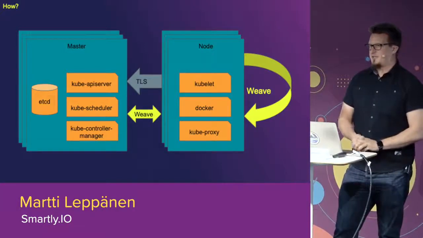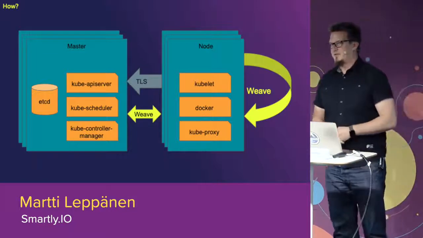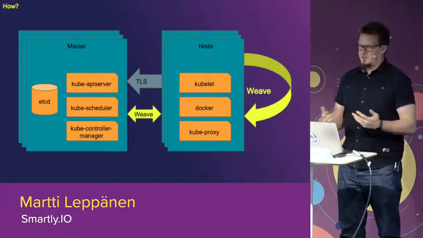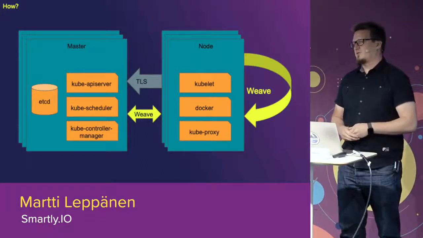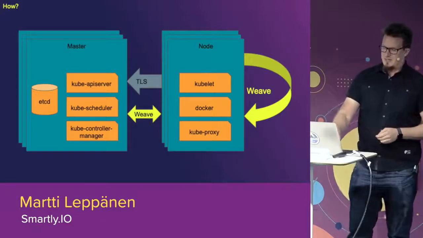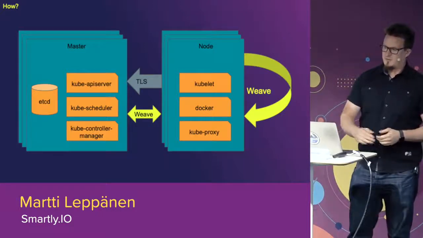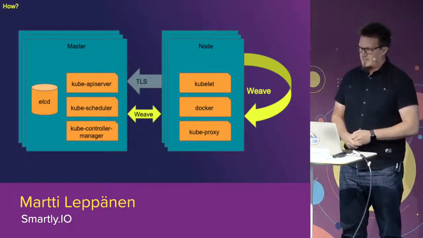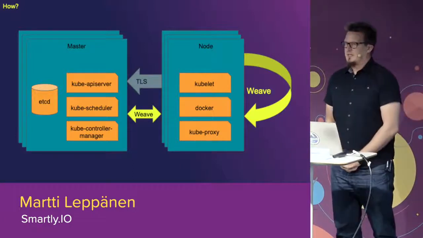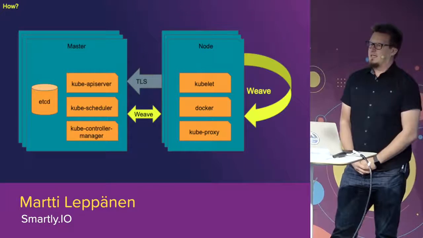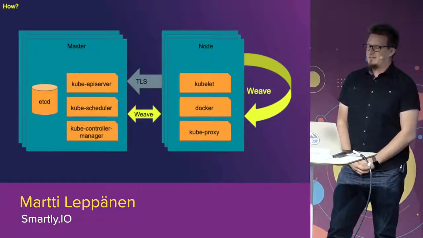Then, of course, just communicating to the API server through TLS is not enough. The nodes need to be able to communicate with each other. There's a lot of applications on top of Kubernetes. And for this, what I'm going to be talking about, we're using Weave. Weave is basically a program that acts as an interface for mostly IPsec/ESP.